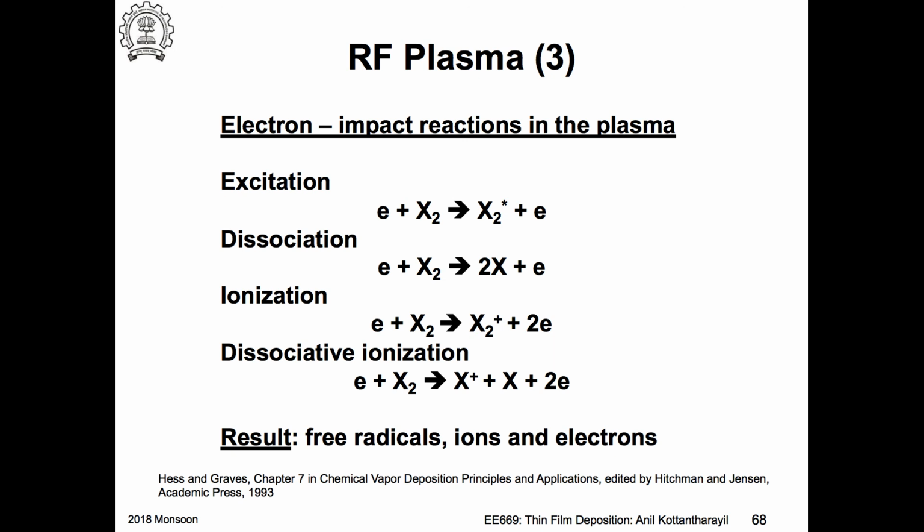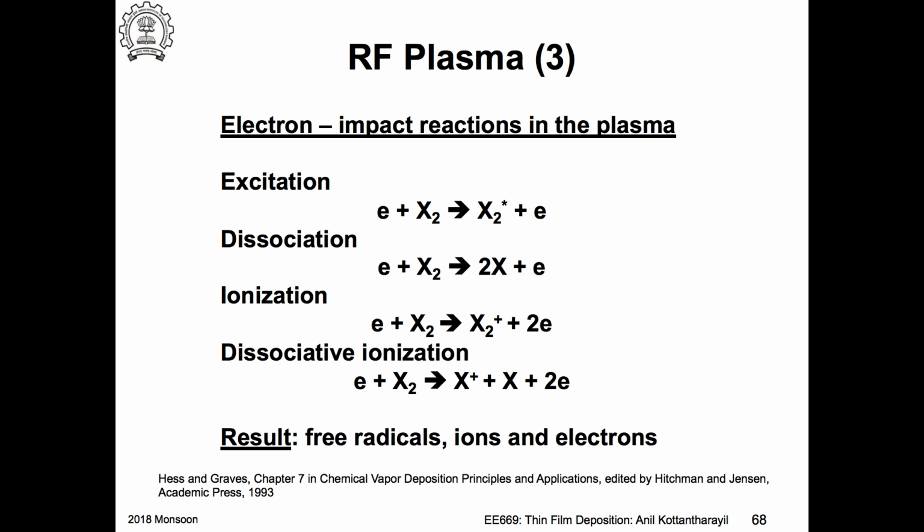That will not form any stable compound. Yes. So you let in silane, for example, or oxygen, and you are actually creating a plasma of that. So the same discussion as before.